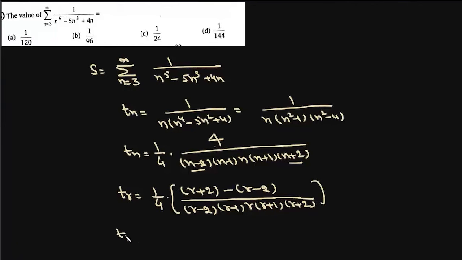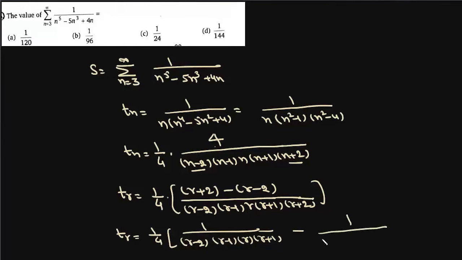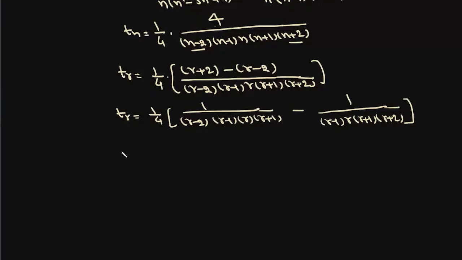So we'll write this rth term as 1 by 4. Now here r plus 2 will cancel, so we'll get 1 upon r minus 2, r minus 1, r plus 1 minus 1 upon, and here it will be r minus 1, r plus 1, r plus 2. Now this summation starts from r equals 3.